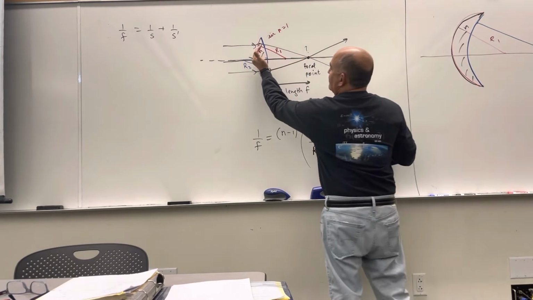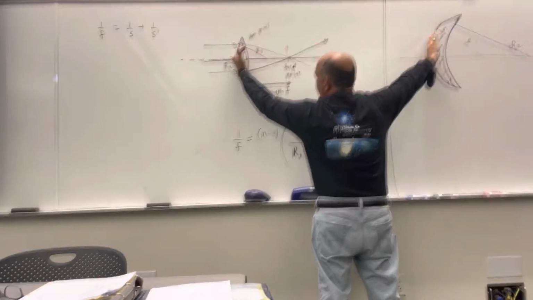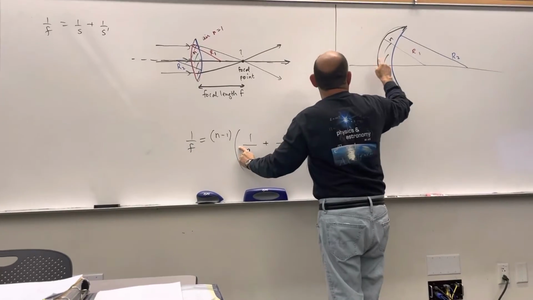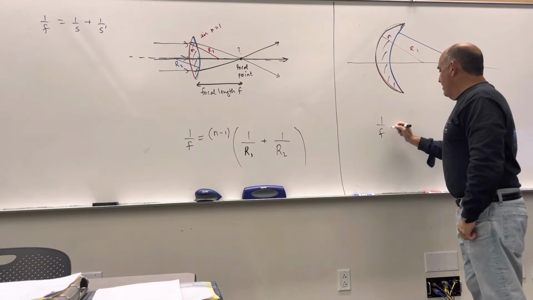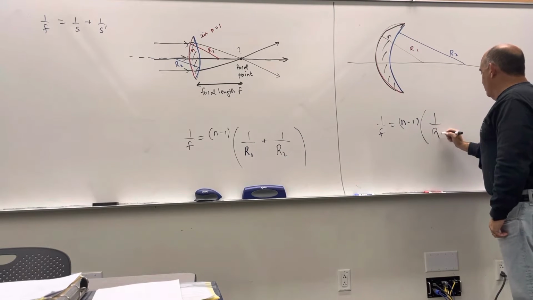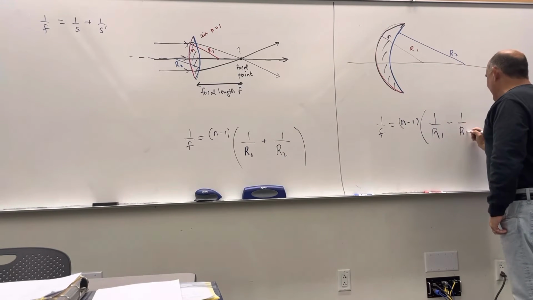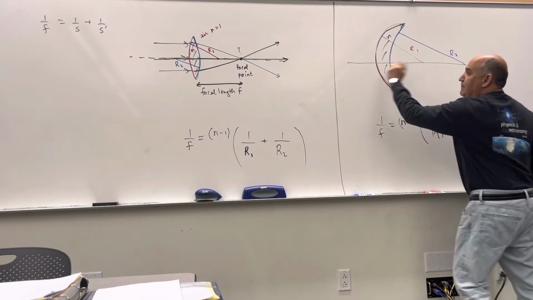So this one is curved like that, and this one is curved like that, same way. So they're both plus. Well, the formula here should then be 1 over f equals (n-1) times (1 over R1 minus 1 over R2), in this case, because the curvature of the back surface of the lens is opposite to this one.